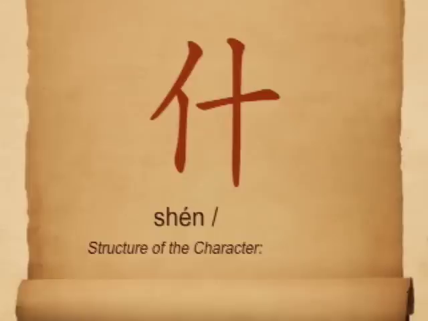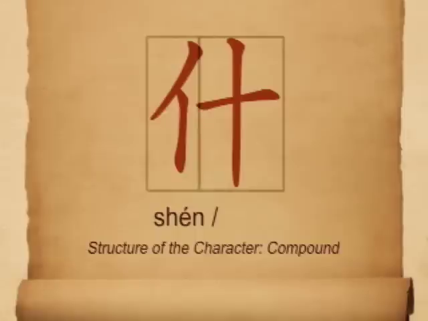So the structure is what? Yes, compound. What does 什么 mean? It means what. Which tone is used to say 什么? 你知道吗? Second tone. Very good. How many strokes are used in 什么?